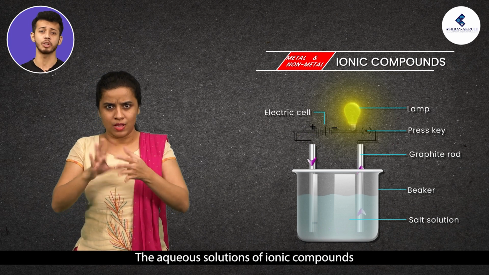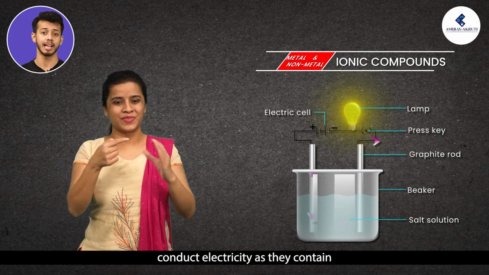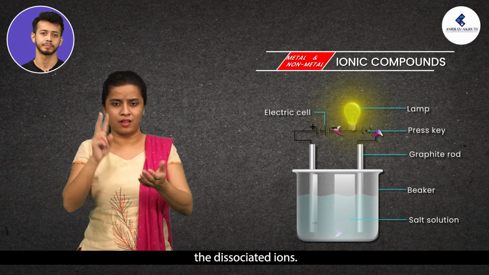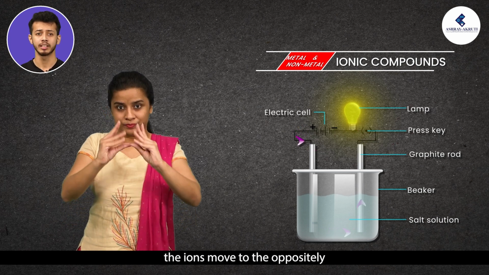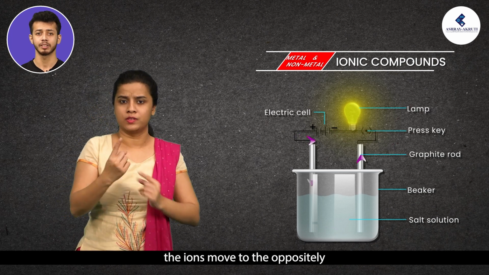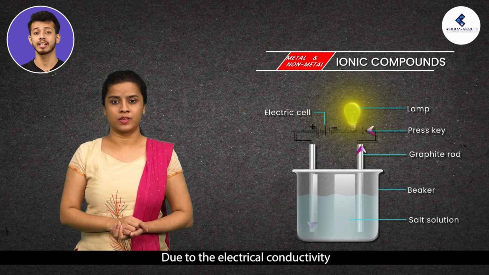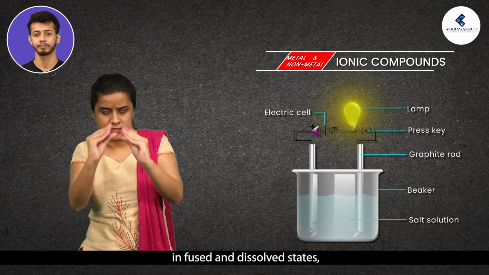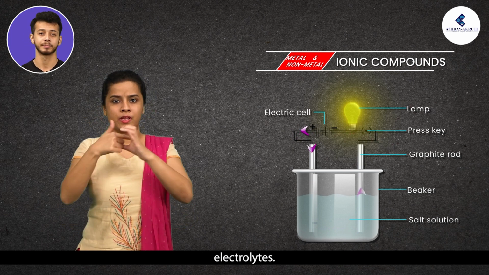The aqueous solutions of ionic compounds conduct electricity as they contain the dissociated ions. On passing current through the solution, the ions move to the oppositely charged electrodes. Due to the electrical conductivity in fused and dissolved state, the ionic compounds are called electrolytes.